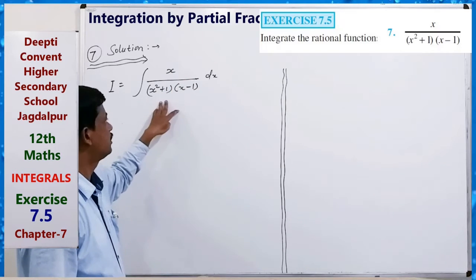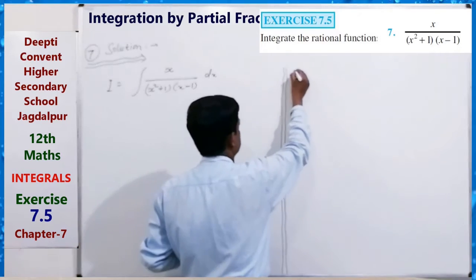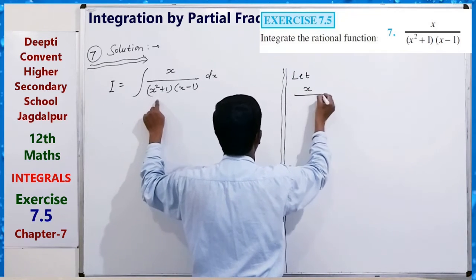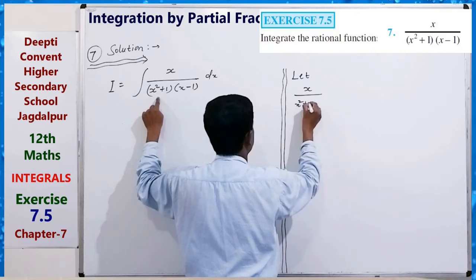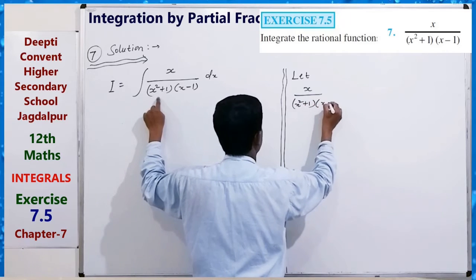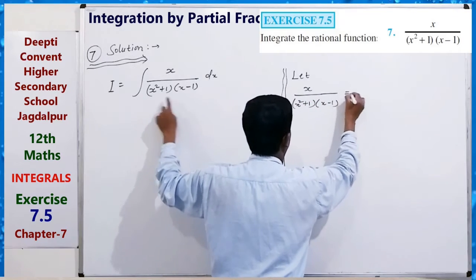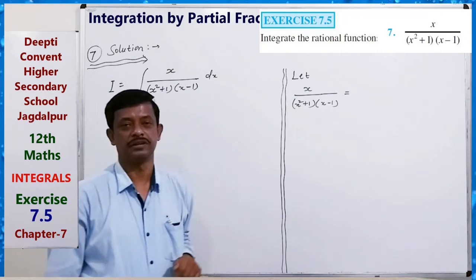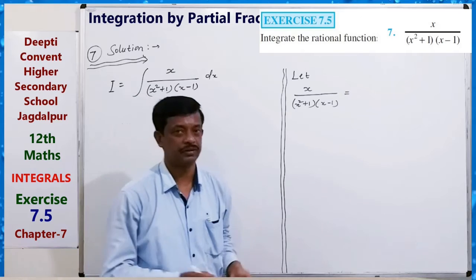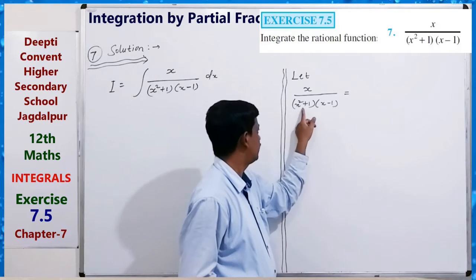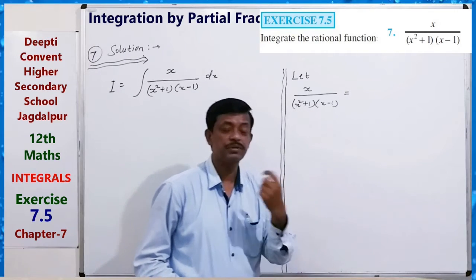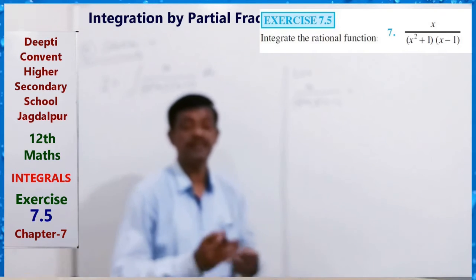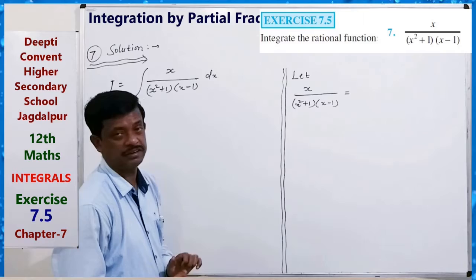We can partially fractionate this. For partial fraction, let x upon x square plus 1 into x minus 1. Our requirement is to factorize the denominator as a product of linear factors. But here x square plus 1 is a second degree factor. It cannot be factorized as a real linear factor.